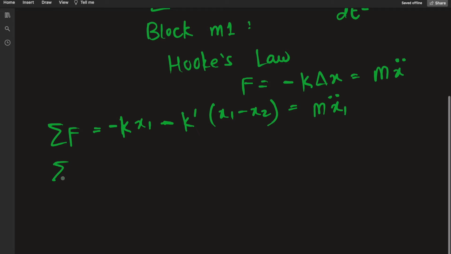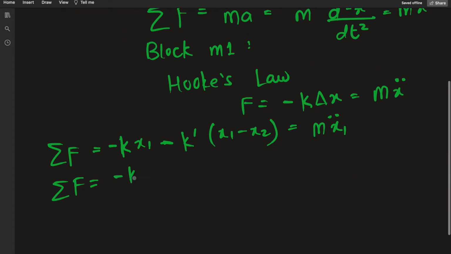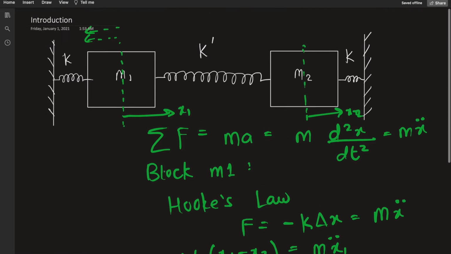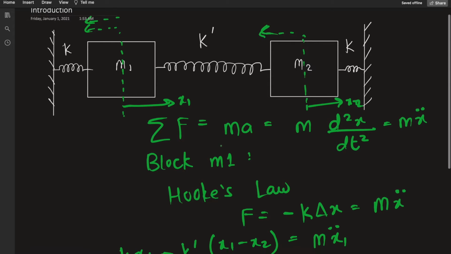Now we can do a similar thing for block 2. This time instead of x1 we take x2. Negative k x2, because the restoring force will be directed this way now. Restoring force by this inner spring.